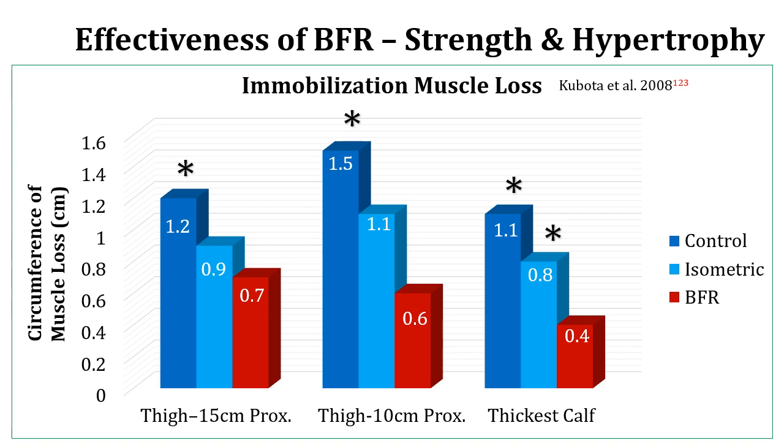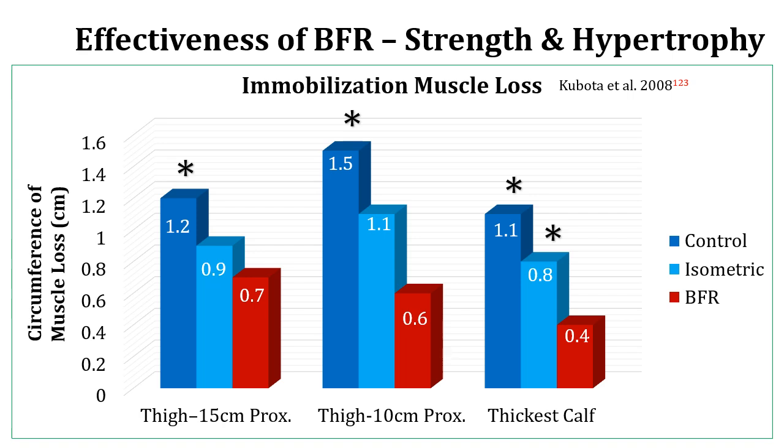The asterisk indicates a significant difference from pre to post, which was significant for the control as well as the isometric group, specifically at the calf. However, given the isometric exercises and the movements associated with the isometric group, there was some preservation of the thigh for both the quadriceps and the hamstrings.